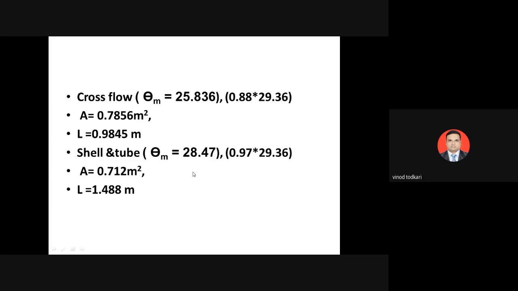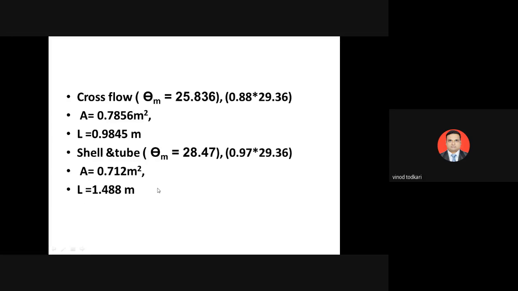How do we find area? To find area, we use the equation Q is equal to UA theta m, right? Q we have worked out in the second step. U is given in the numerical. A is what we are supposed to find and theta m is what we calculated in the fourth step, right? Okay, after calculating A, we have to find the length of the tube, right? How do we calculate length of tube from area?